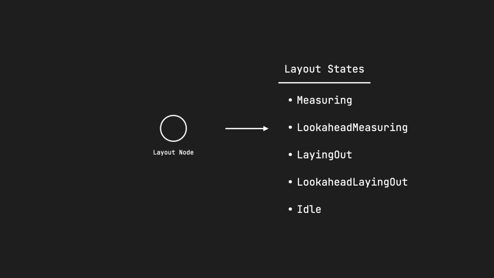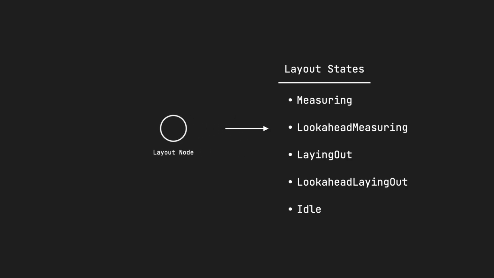And the way this works is that a layout node has different states. Each layout node has different states, which are measuring, look ahead measuring, laying out, and idle. And it's able to go from one state to another, and it internally utilizes delegates. There's a measure delegate and a lookahead delegate to do this.